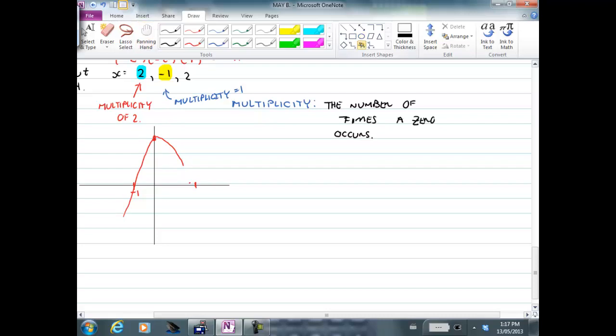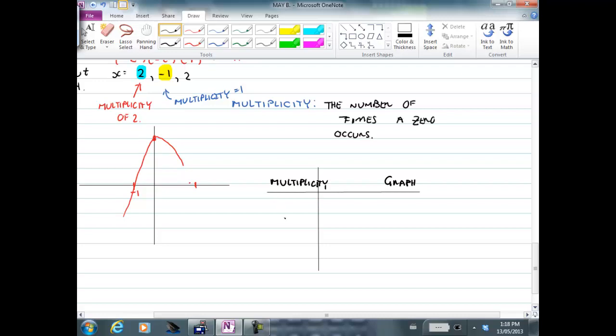I'm going to do a little chart. Here, we're going to have multiplicity. Here, I'm going to have graph. You're going to see the difference between multiplicity and the graph.